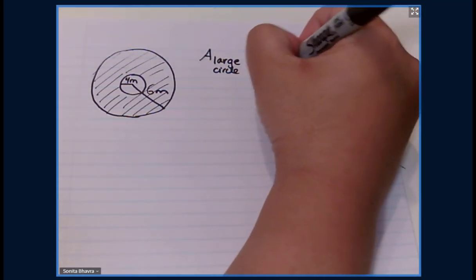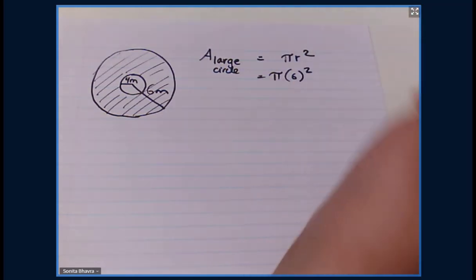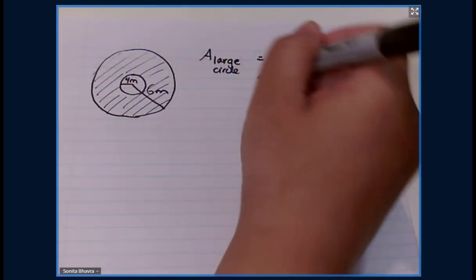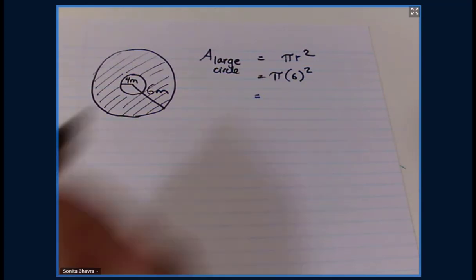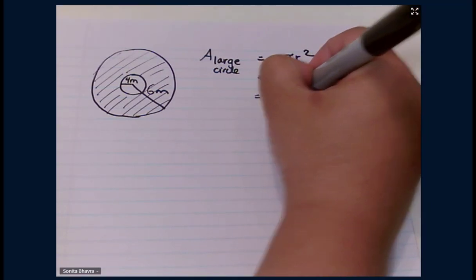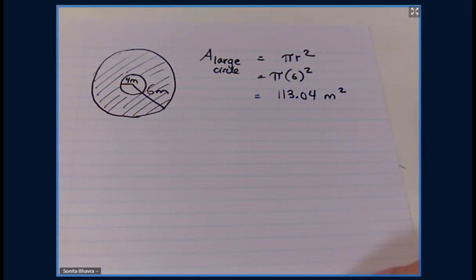All right, so it's pi and 6 squared. So again, 6 times 6 times pi, and that gives me 113.04 meters squared. All right, so that's the large circle.